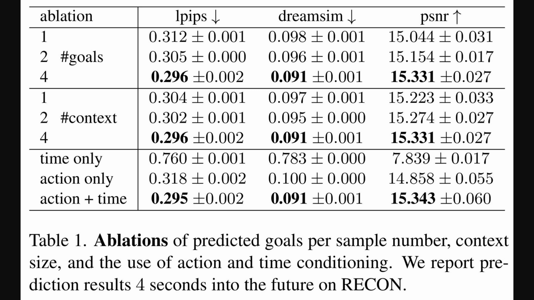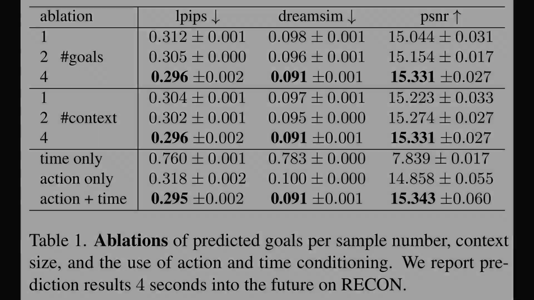The table uses learned perceptual image patch similarity, which we've discussed, and also DreamSim, another visual similarity score where lower is better, plus peak signal-to-noise ratio, or PSNR, where a higher value indicates better image quality. The results show that using more goal samples and more context frames both improve predictions. Importantly, conditioning the model on both action and time information together leads to the best performance by a significant margin.